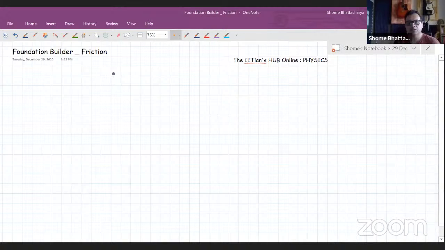Right, so this is friction lecture number 2 for us. In the previous session, we had discussed the two types of friction, kinetic friction and static friction.